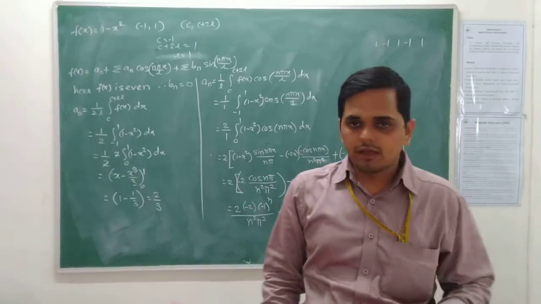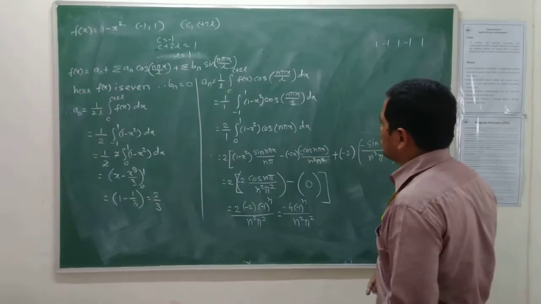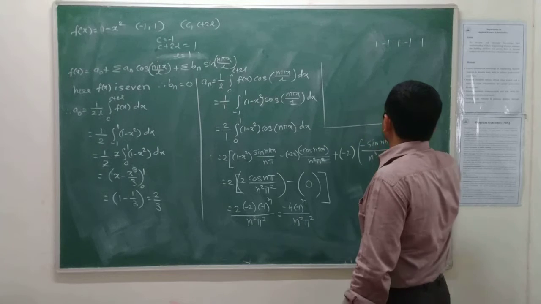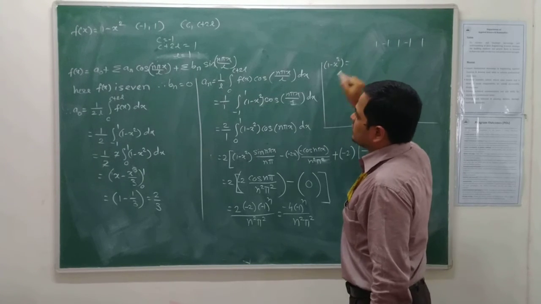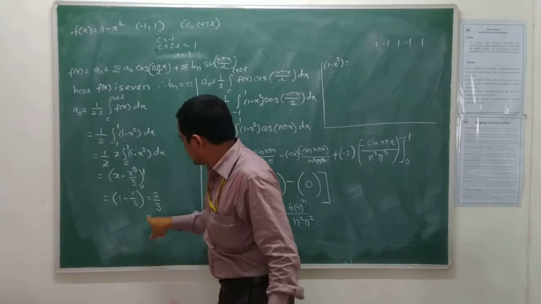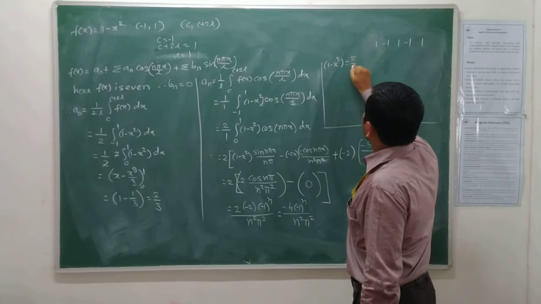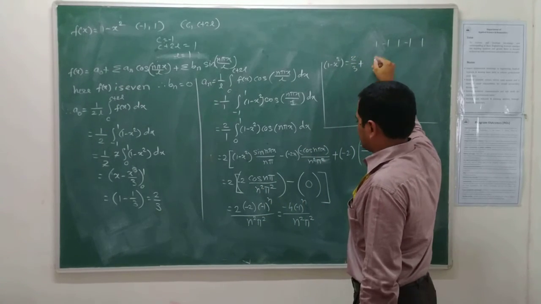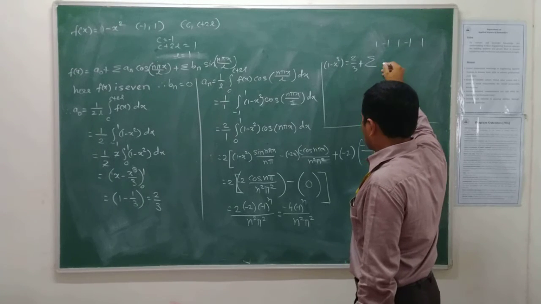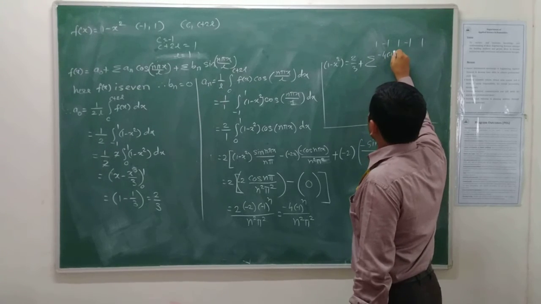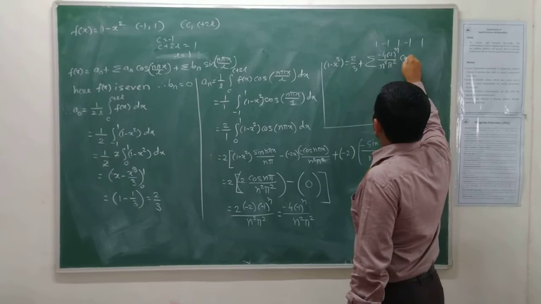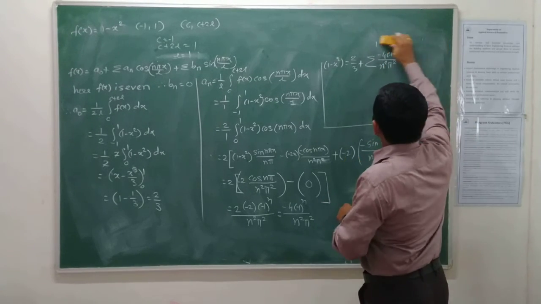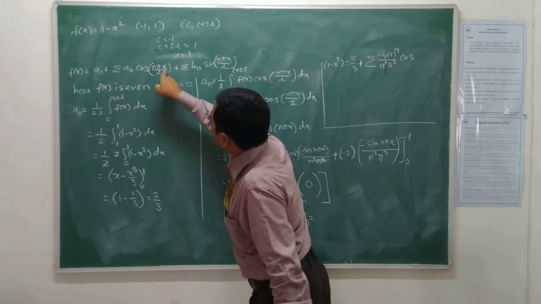This is the an. Hence, the required Fourier series is given by 1 minus x square is equal to a naught. The value of a naught is 2 by 3 plus summation. The value of an is minus 4 into minus 1 raised to n upon n square pi square into cos of n pi x upon l.